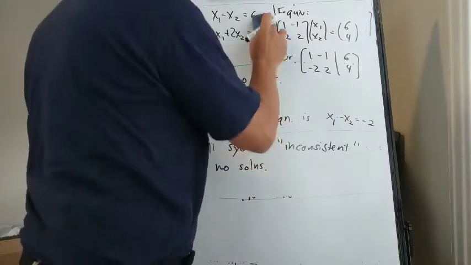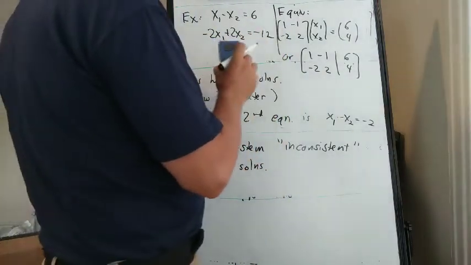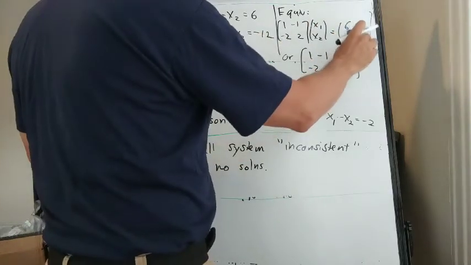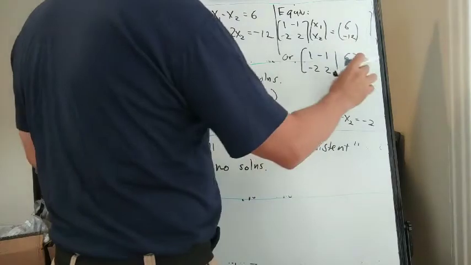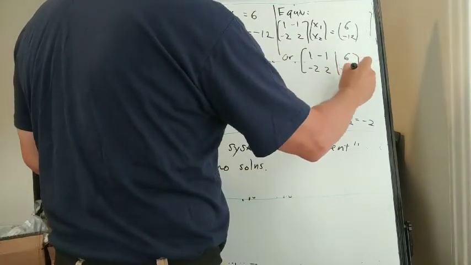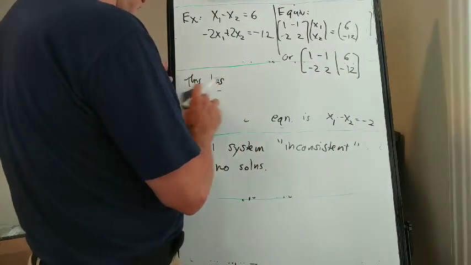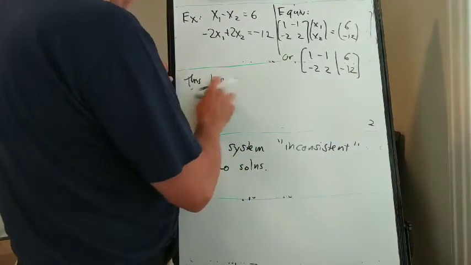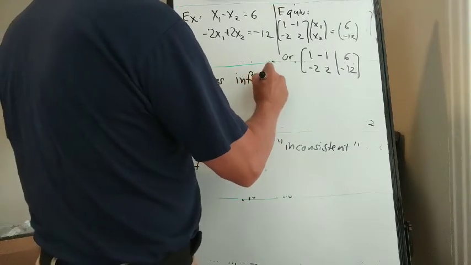So equivalently, the shorthand is going to be the same, except we have a negative 12 here and a negative 12 here. This has infinitely many solutions.